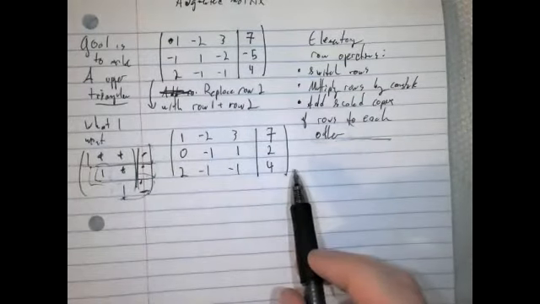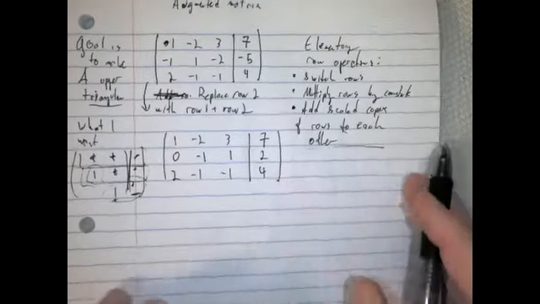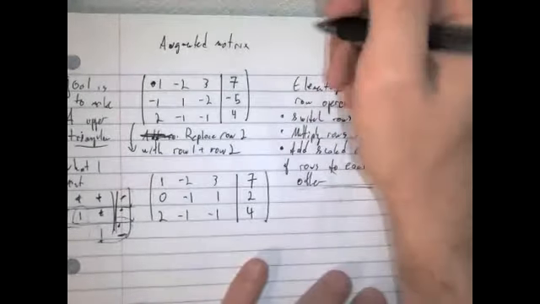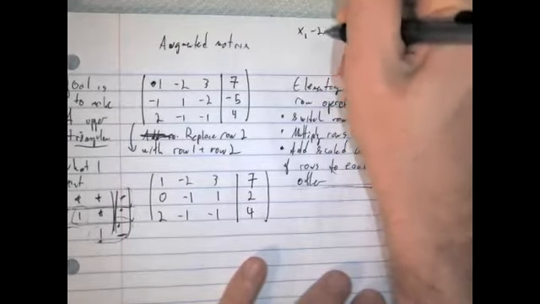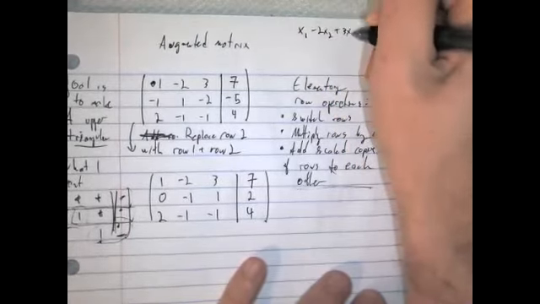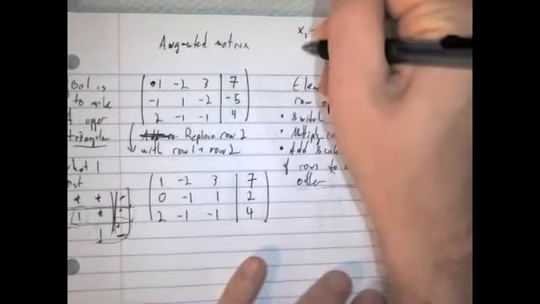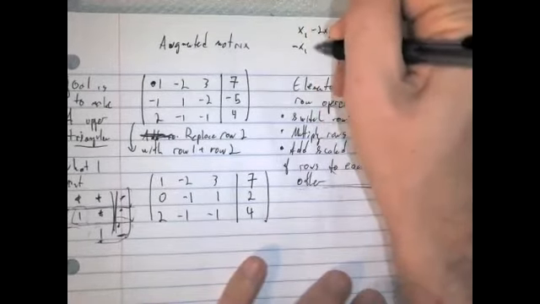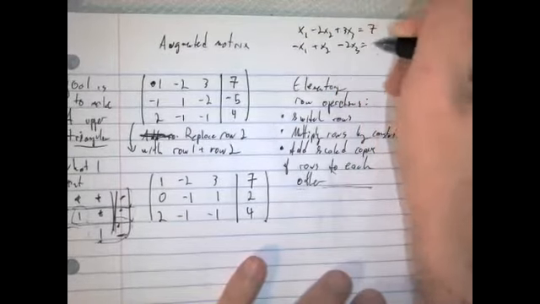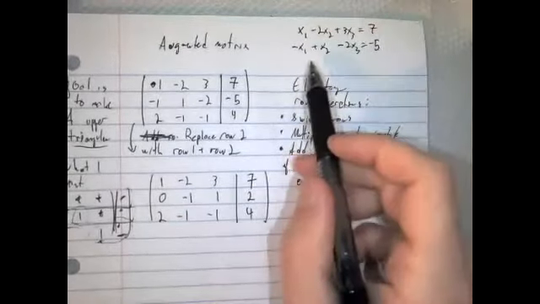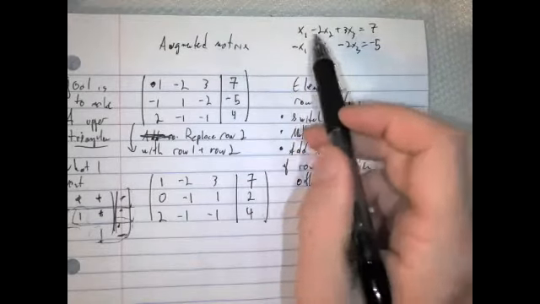Is this okay? My guess is that you're familiar with doing this. If I wrote down x1 minus 2x2 plus 3x3 is equal to 7, and negative x1 plus x2 minus 2x3 is equal to -5, are you familiar with the idea of trying to eliminate variables?